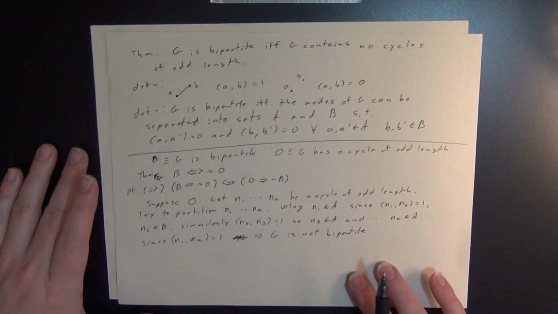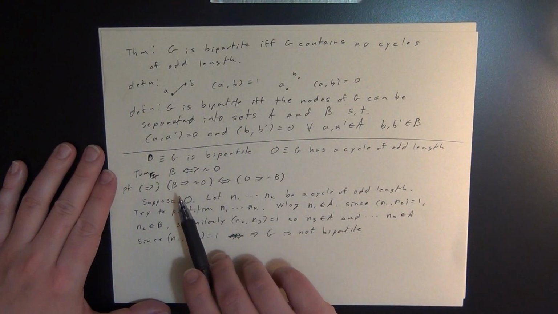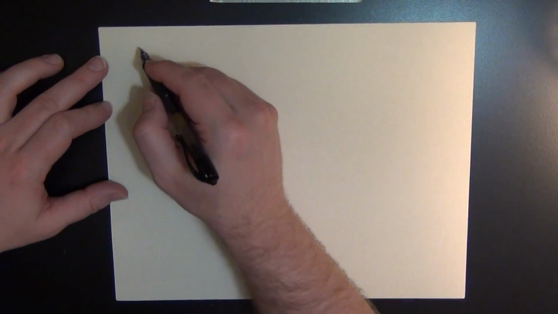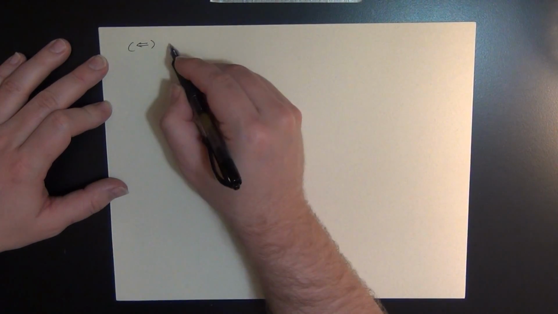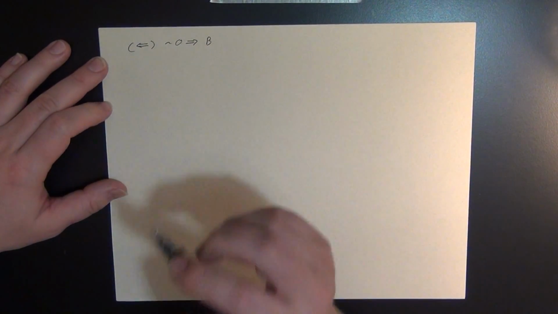Alright, let's move on to the backward implication. So the backward implication would be not O implies B. Alright, there are no cycles of odd order.